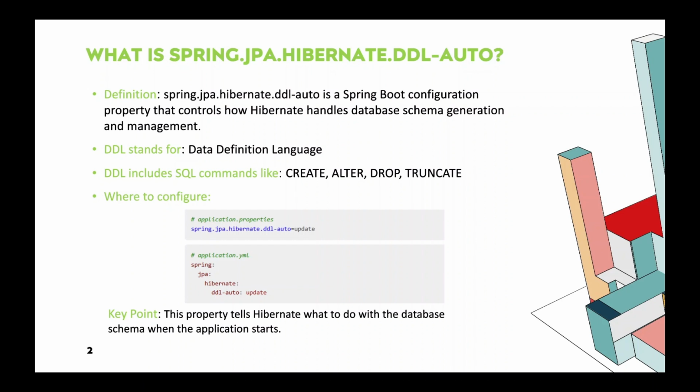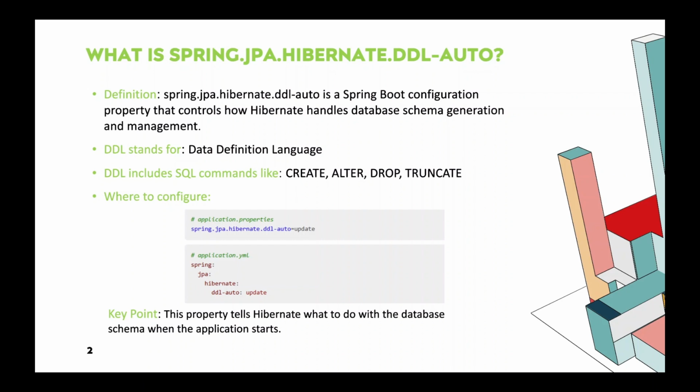This we can perform by using the key and its value. How to configure, where to configure? This key, spring.jpa.hibernate.ddl-auto, we can configure in the application.properties file or a YAML file. Spring supports both formats.